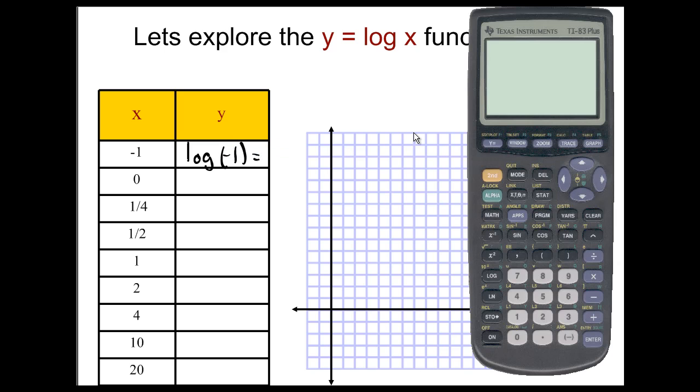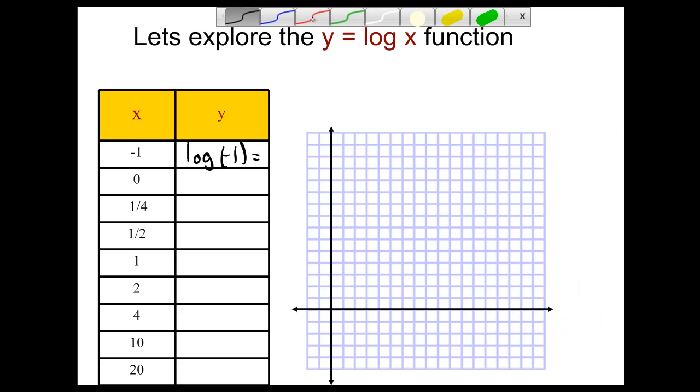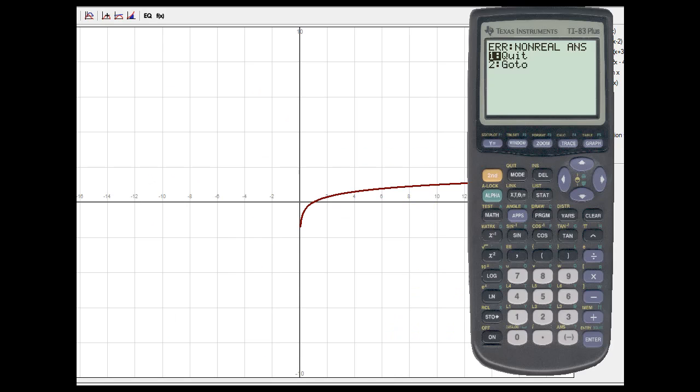So on the calculator, I type log and then -1, hit enter, and I get non-real answer. So it does not exist. Okay, so we don't have anything when the value of x is -1. What about when x is equal to 0?